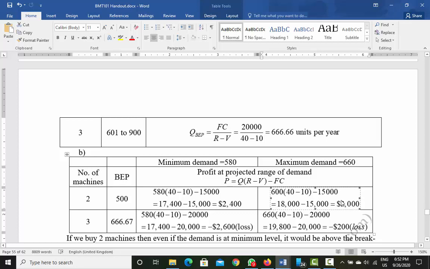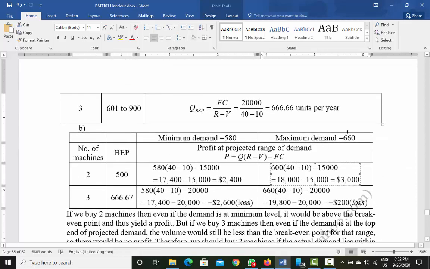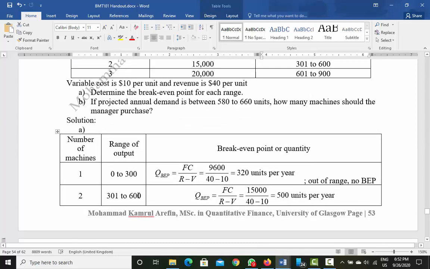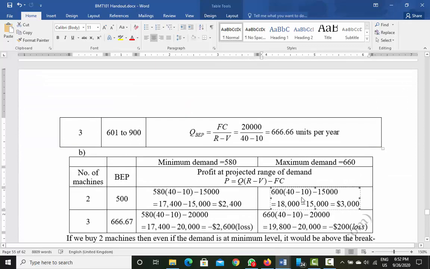So if the market reaches maximum demand level, with 2 machines you won't be able to supply 660 units. You can supply a maximum of 600 units, so you will make a profit of $3,000.